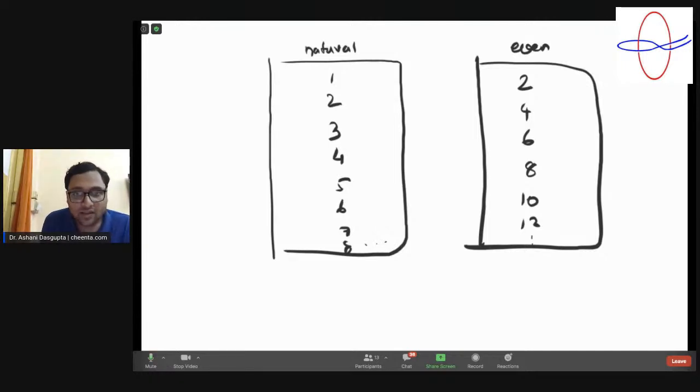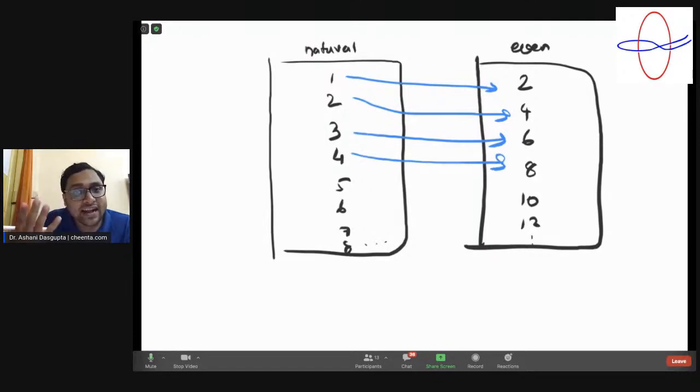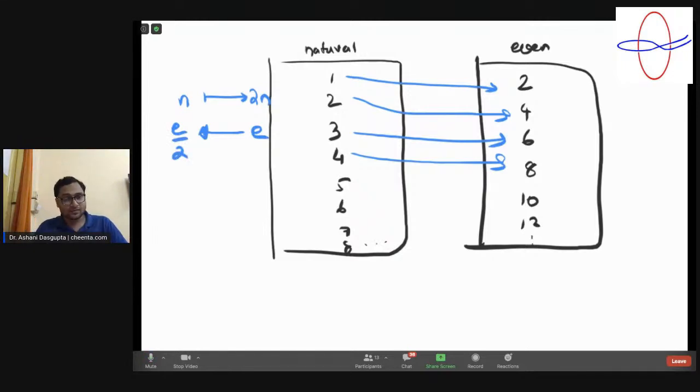Yeah, you're right. So there is a map from natural numbers to even numbers. For every natural number n, you can double it to get 2n, the output number. That's an even number. And for every even number, you can get a unique natural number back in the set.